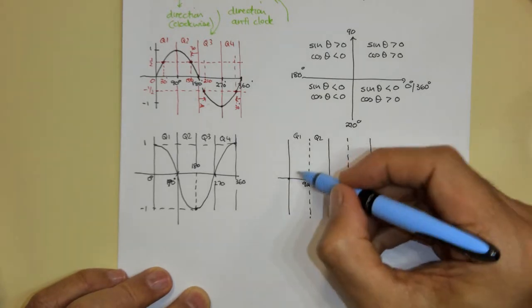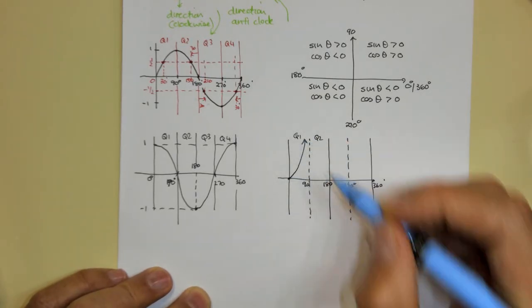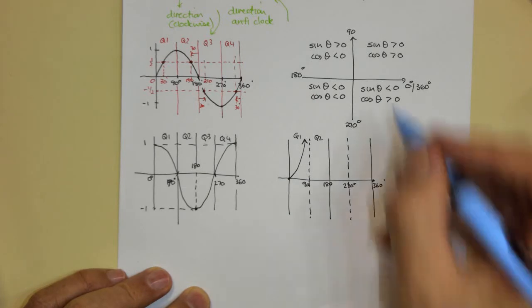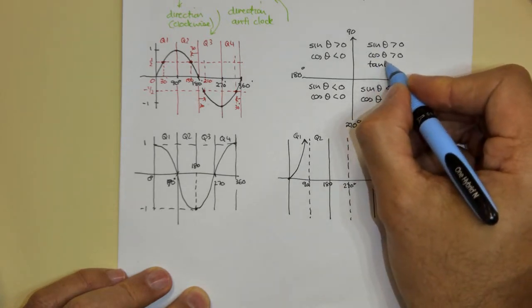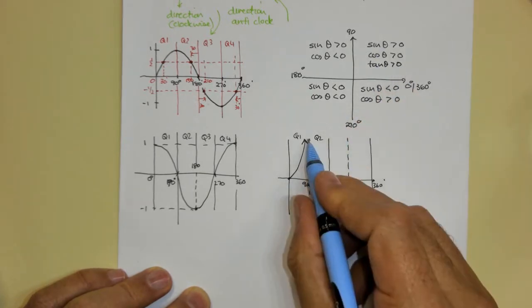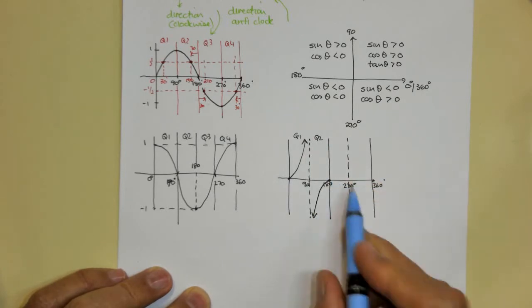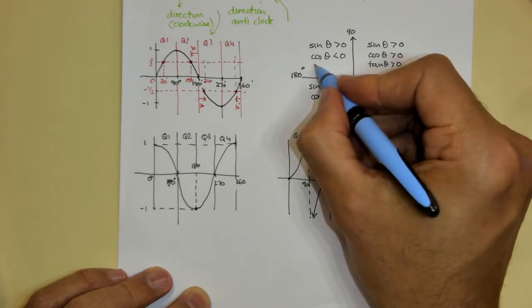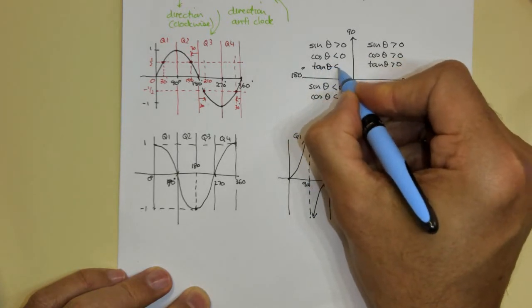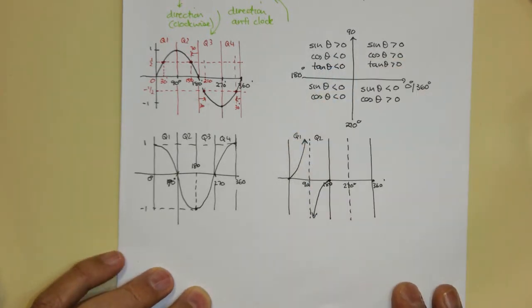So tan started here and went to its asymptote. So in the first quadrant, the tan of theta was also positive. But then also, like cosine, in the second quadrant, tan was negative. So here the tan of theta became negative.